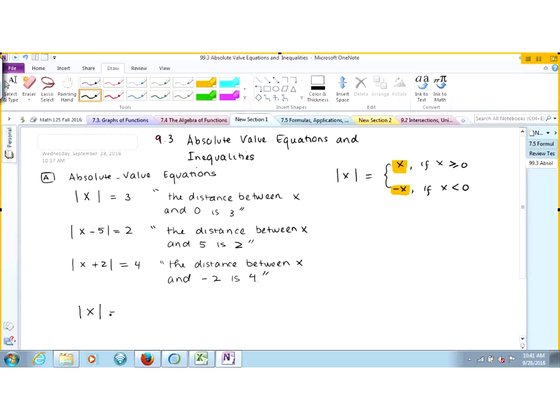For example, if I have an absolute value of x equal to a negative number, can distance be negative? No. So this one has no solution. Distance cannot be negative, so the right side must be positive.